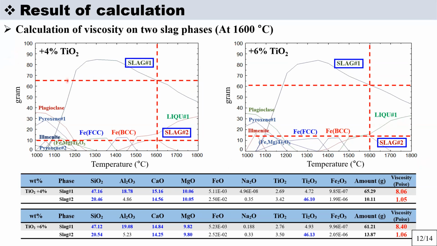In the case of plus 4% and plus 6% of TiO2, the viscosity increased slightly to 8 and 8.4 poise. However, slag 2 is almost constant. The composition of each slag is similar to the previous one.